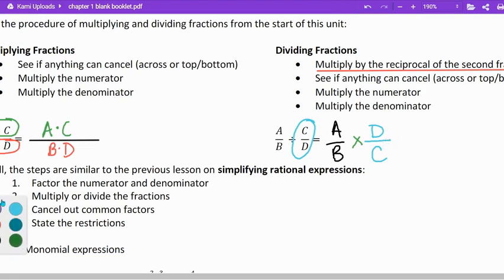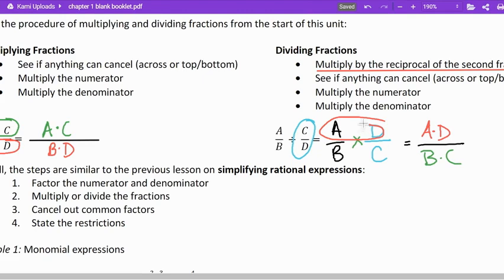And now that it's in multiplication form, I just multiply the numerators and the denominators. So the only difference when we are dividing rational expressions or fractions for that matter is that we have to get rid of that division sign by writing the reciprocal.